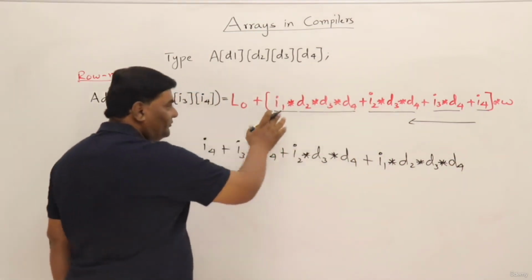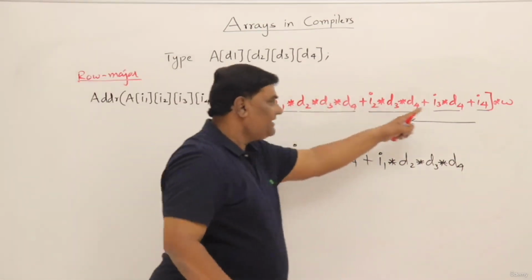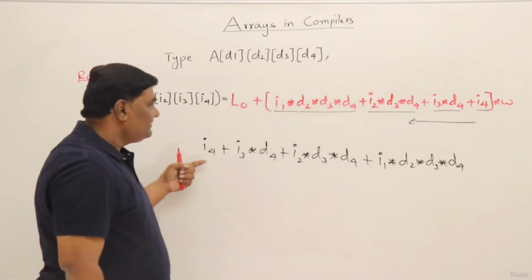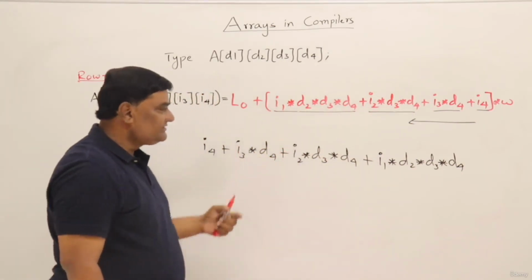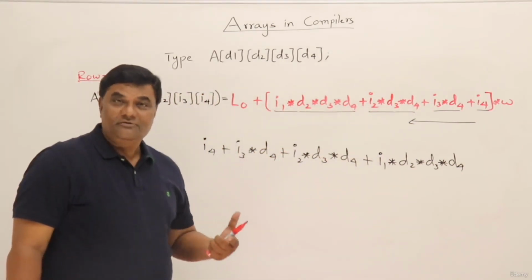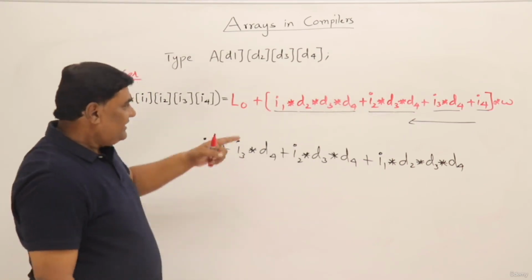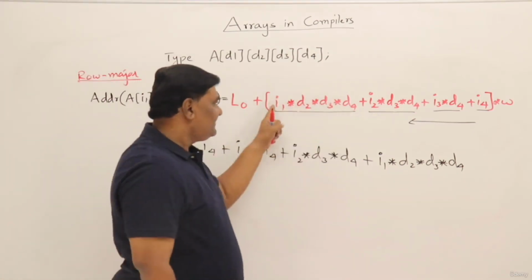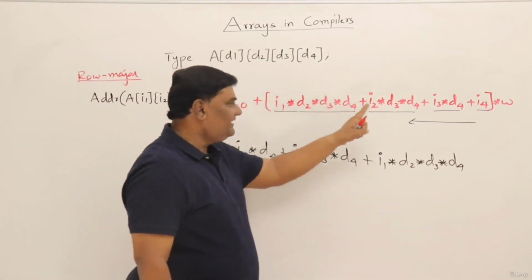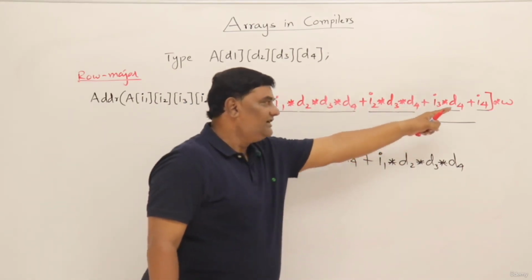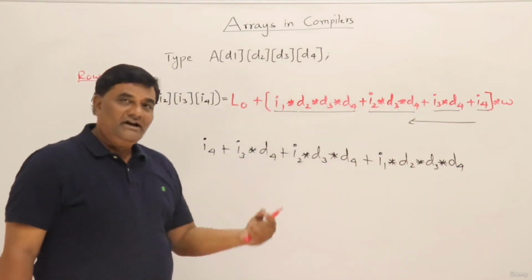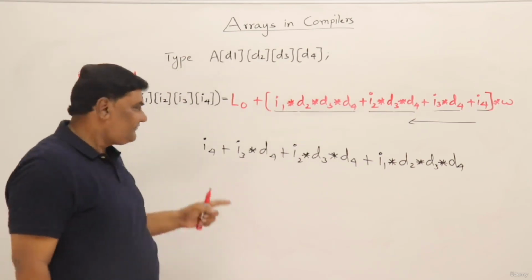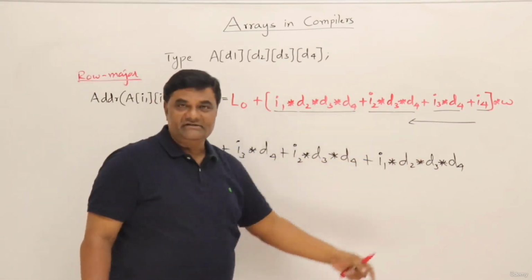So I have taken only the portion of the formula inside the brackets and written it from the last term onwards so that we can reduce the number of multiplications. If you observe, this has 4 values multiplied, 3 values multiplied, 2 values, and then there is no multiplication. So I have taken from the smaller value onwards. So first is smaller, then go on increasing.